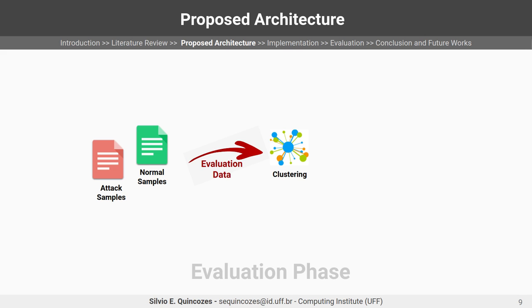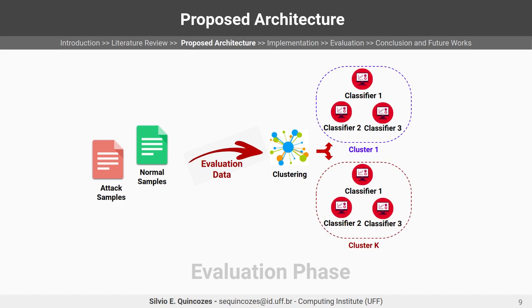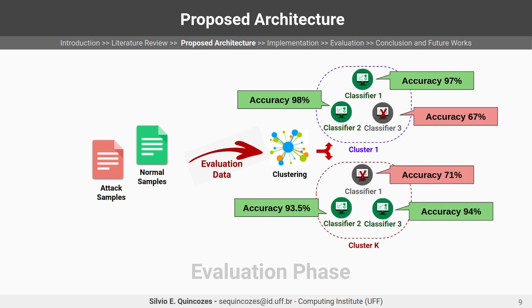Basically, in our proposed architecture, suppose that we have samples of normal and attack classes. We will use these known samples in the evaluation phase, and by using a clustering algorithm such as k-means, we will perform the clustering and split this evaluation data into multiple clusters. For each cluster, we will select the best classifier based on its accuracy on detecting known, labeled samples.